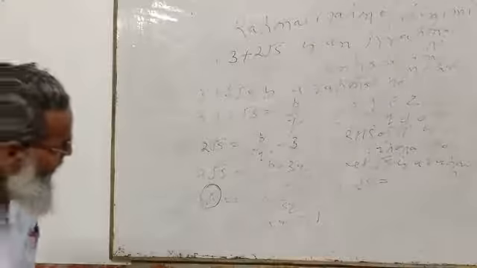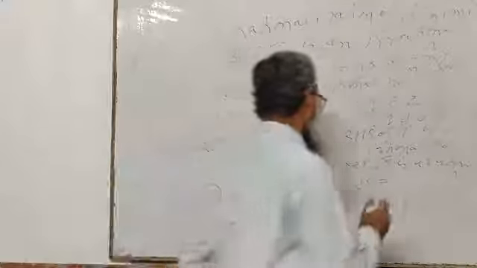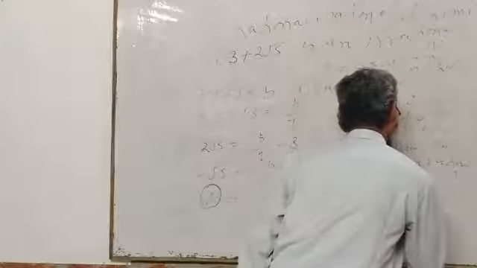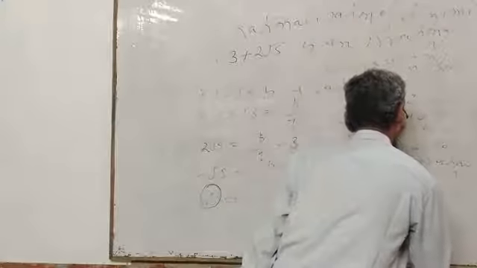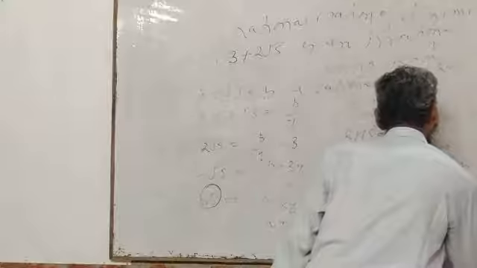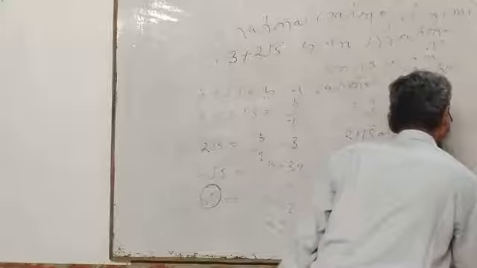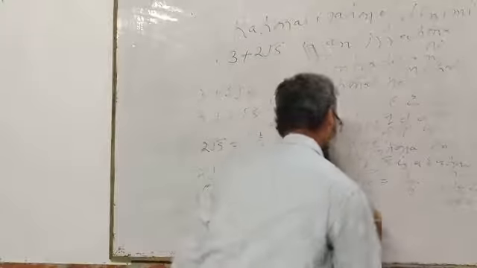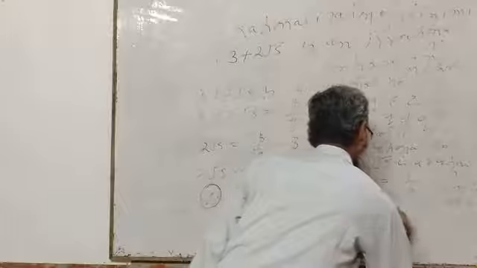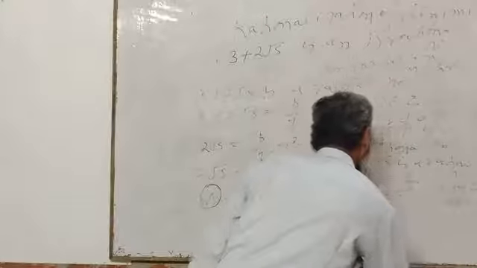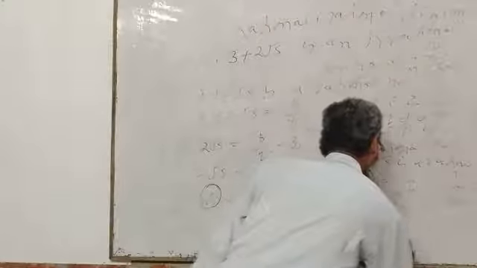Suppose root 5 can be written in the form a by b, where a and b are integers and b cannot be 0. So from here 5 will be a square upon b square, so a square will be 5b square.